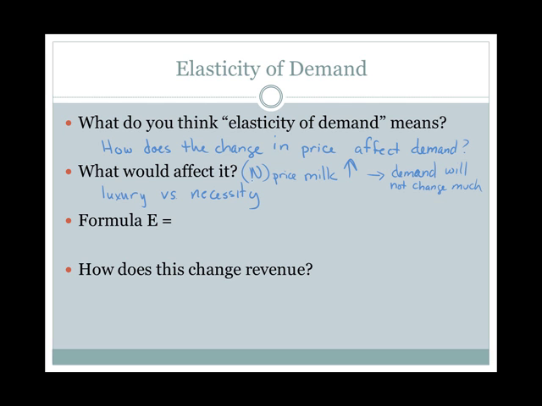Versus if an iPod price went way up, the demand would probably go down because that is a luxury item. Though we might think we can't live without our iPod, we truly can, and so we would probably not buy it if the iPod price went way up across the board.